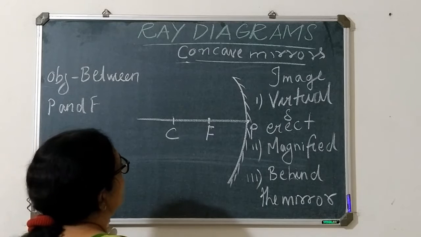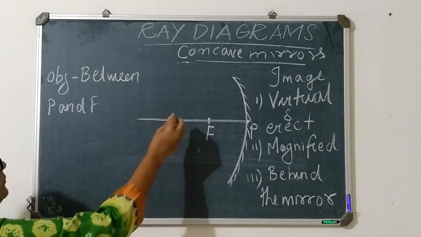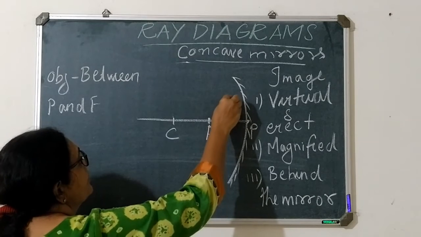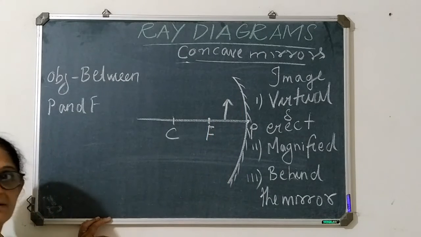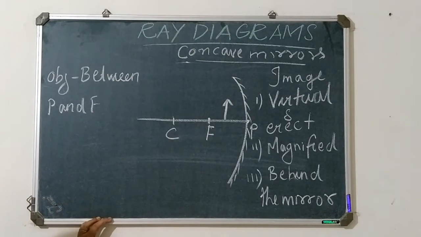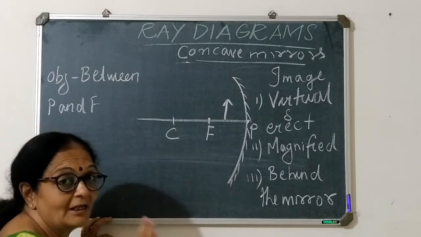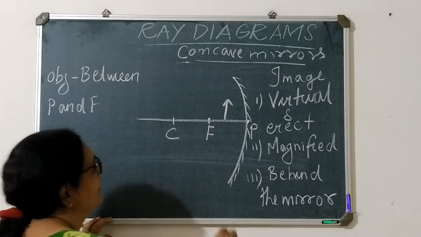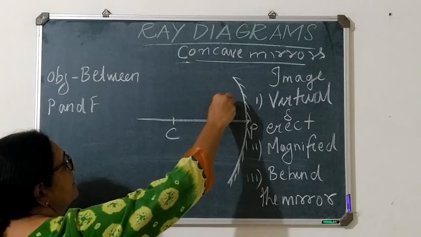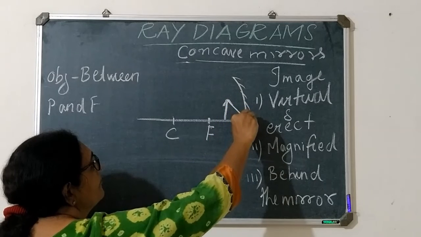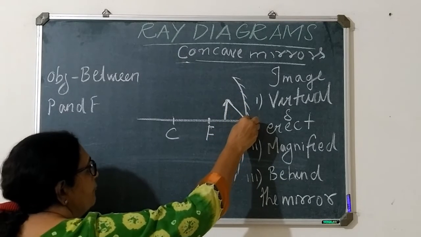Okay, suppose we are placing, this is between the pole and the mirror. Okay, we have placed it between the pole and the mirror, right? So what will happen is, sorry, pole and the focus, sorry children. So the ray will pass through the pole and reflect back.